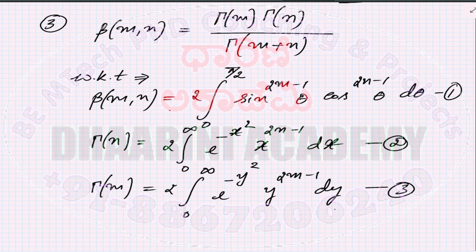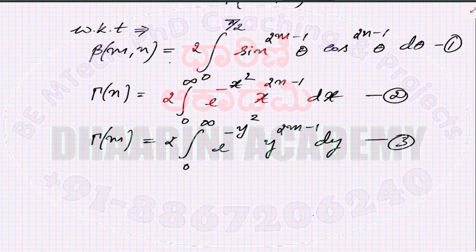Again I know that there is one more function in the equation, which is gamma of m plus n. So gamma of m plus n is 2 times integral 0 to infinity, and I will use a different variable now.